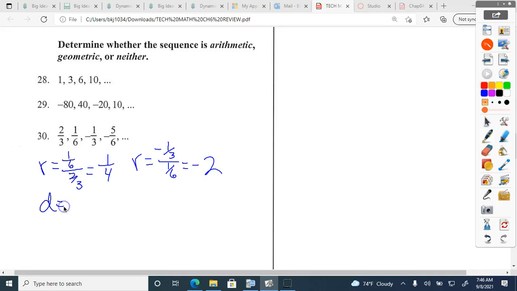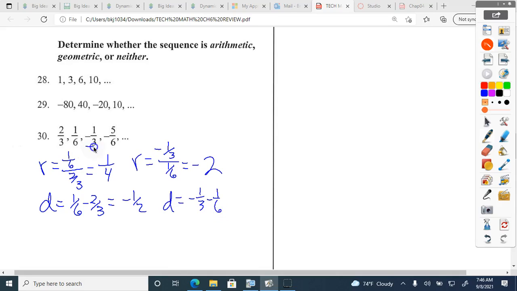Let's try the common difference. 1/6 minus 2/3 is -1/2. Let's try another one. -1/3 minus 1/6.